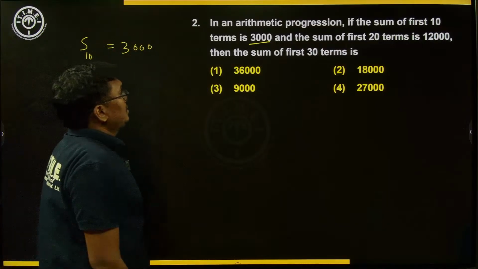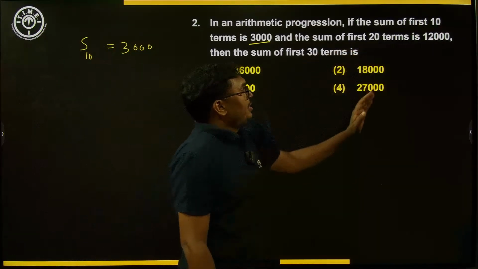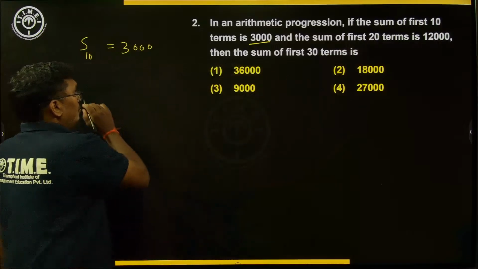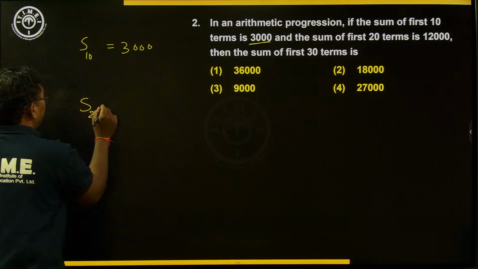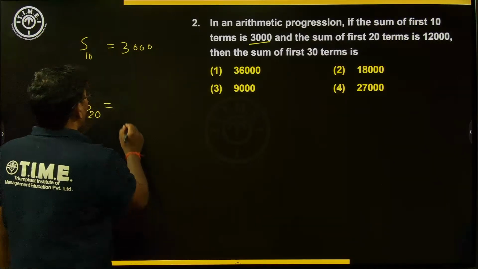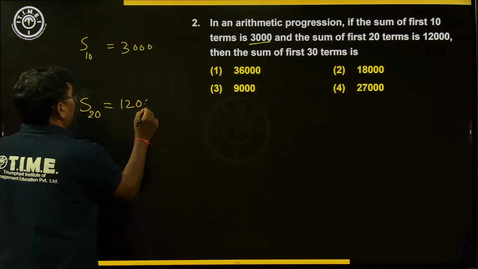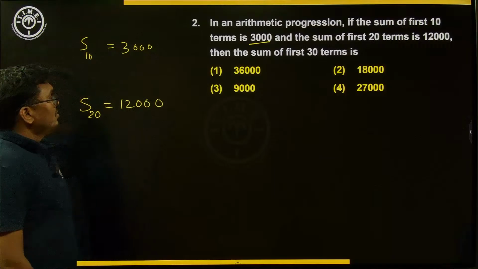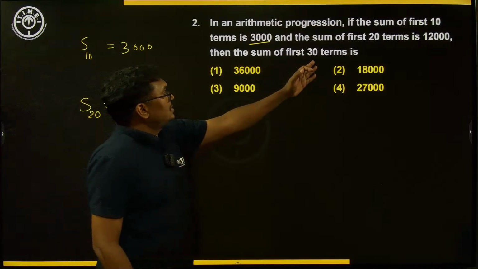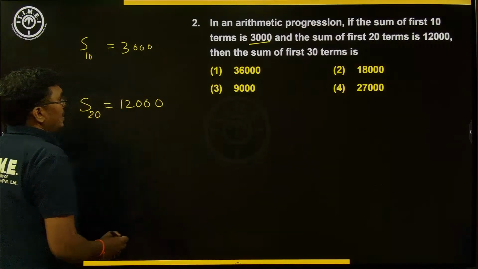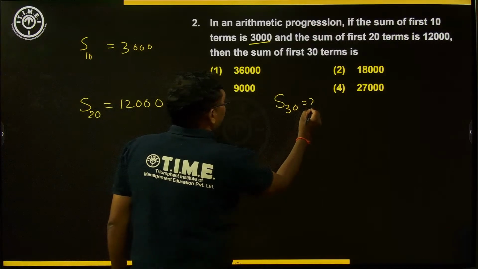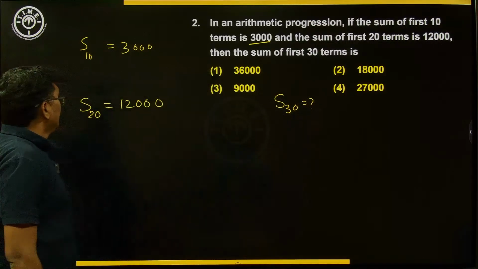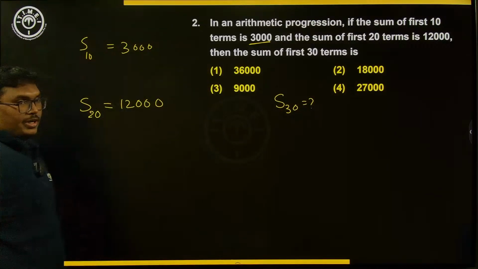Next, the sum of the first 20 terms, starting from 1 to 20, S20, is 12,000. So for the sum of the first 30 terms, we need to find S30. So what is S30? It is not S10 plus S20.